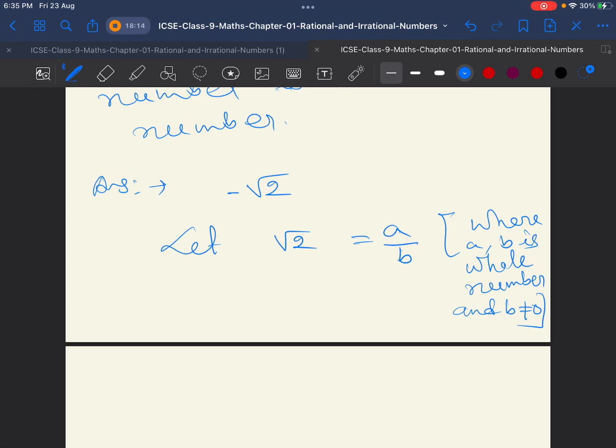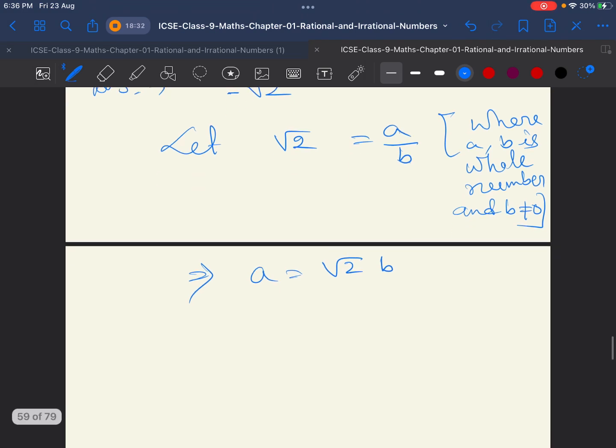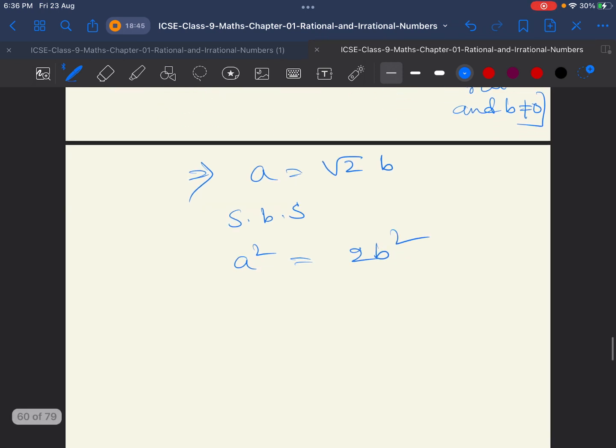So here you see a equals root 2 b. Now if we square both sides, we get a square equals 2b square.